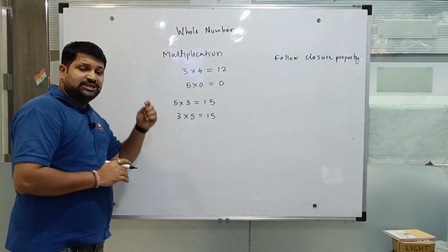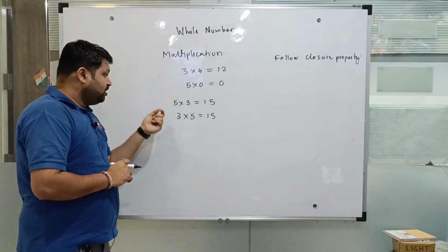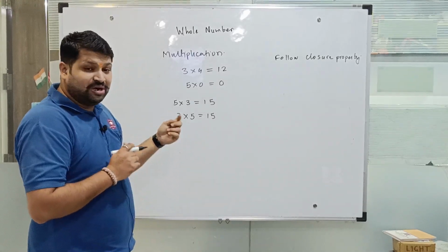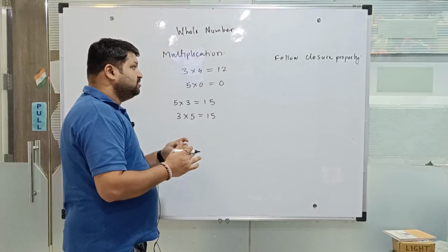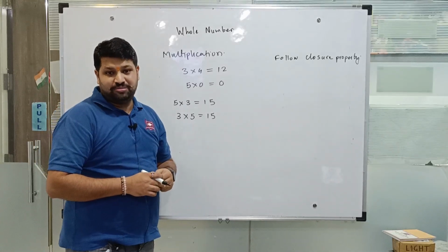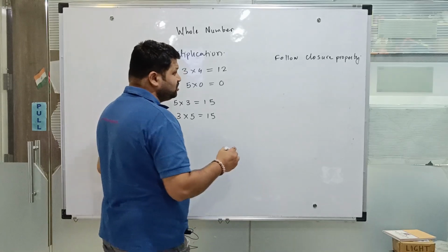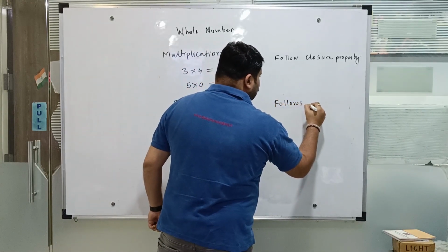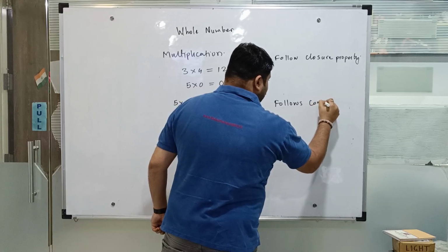So from this we can easily conclude that when we take two whole numbers and multiply them, the order does not matter, with which we can conclude that it follows commutative property.